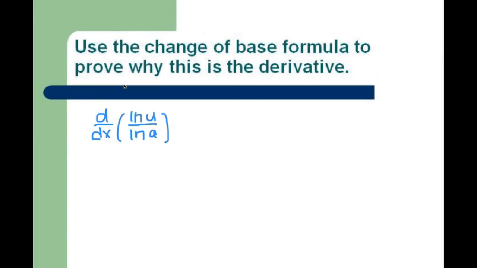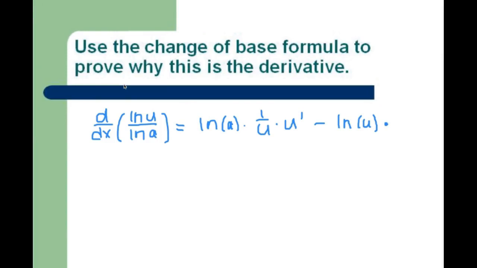So the quotient rule says denominator times derivative of the numerator, minus the numerator times derivative of the denominator.